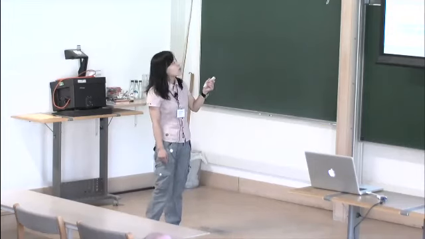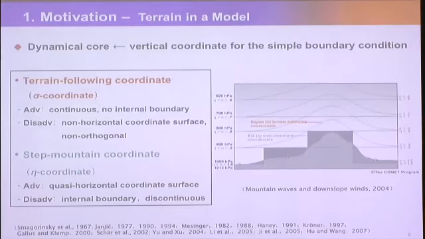In a dynamic core, we always use the vertical coordinate to handle it and obtain a simple bottom boundary condition. There are 2 kinds of vertical coordinate that can do this. The first one is the terrain-following coordinate, that's the sigma coordinate, and the other is the step-mountain coordinate. Here's the schematic view.